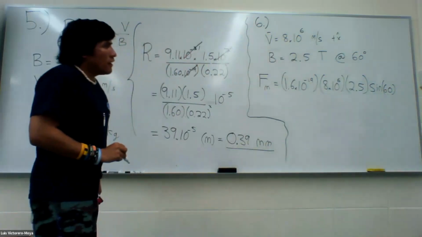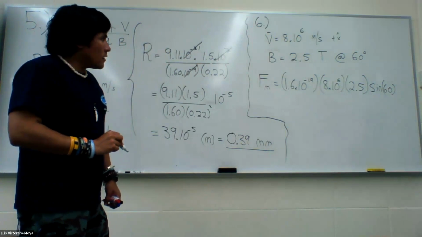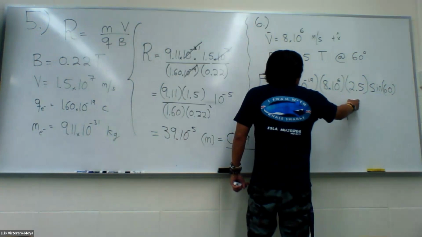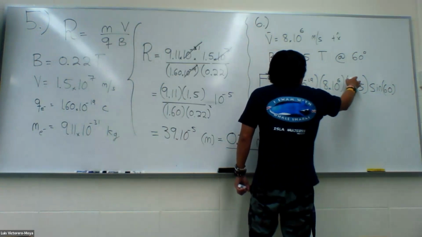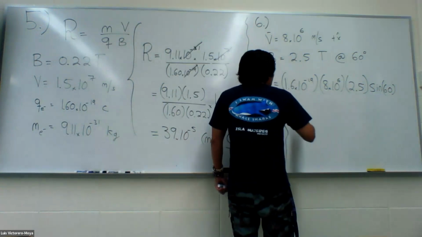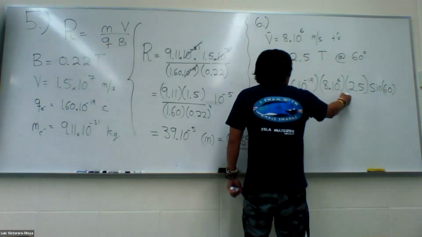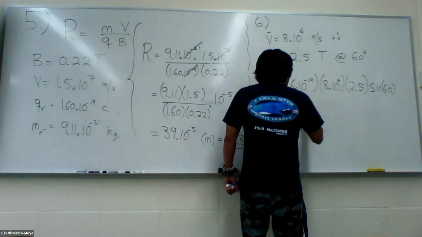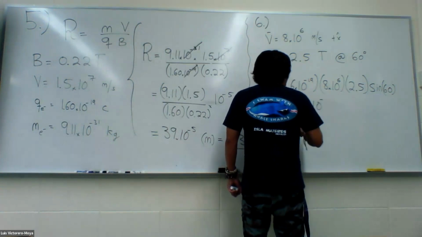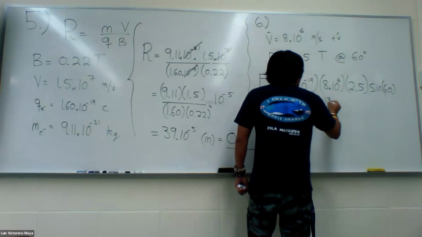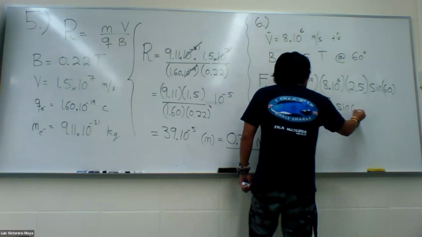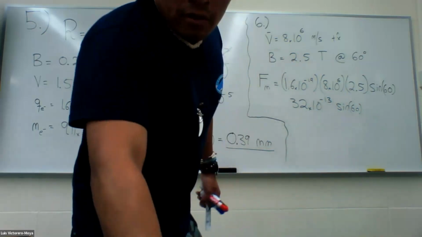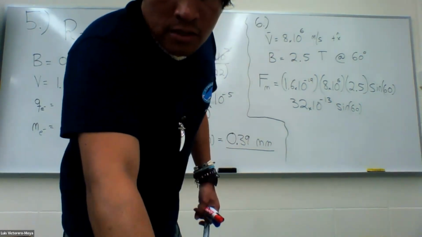There you are. That's very good. All right. 32 times 10 to the negative 13, sine of 60. That's 0.86.